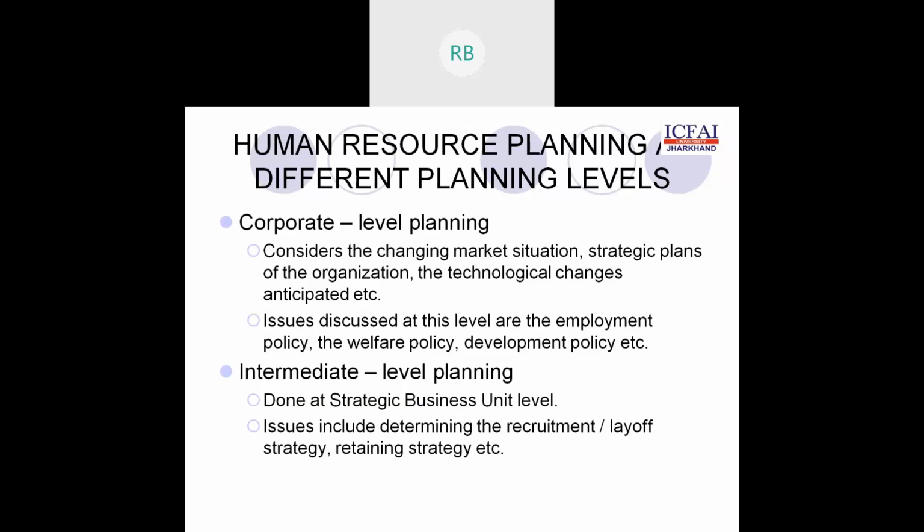The decision here should complement the decision at the higher level and help the SBU achieve its goals and objectives. HR planning at this level includes determining the recruitment, layoff strategy, and retaining strategy.